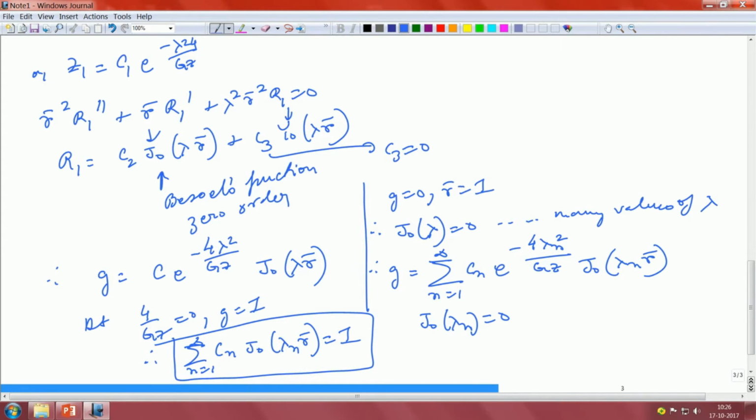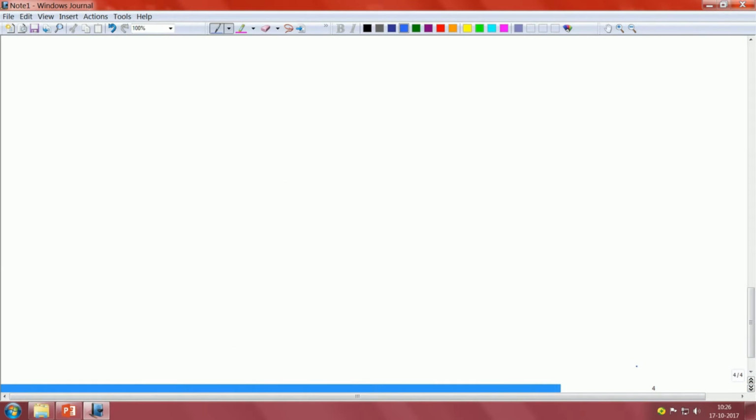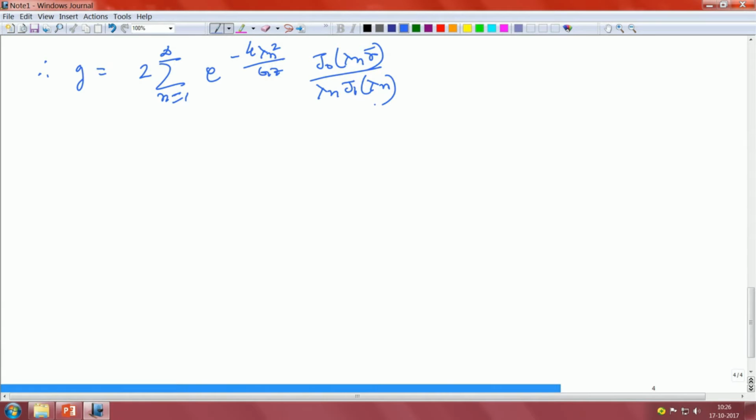Now, taking this forward, G is equal to 2 times the sum from n equal to 1 to infinity of e to the power minus 4 lambda n square by Gz, J naught lambda n r bar, divided by lambda n J1 lambda n. This is the first order Bessel function of the first kind.